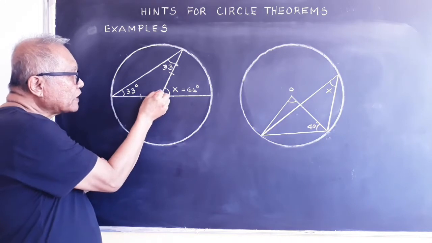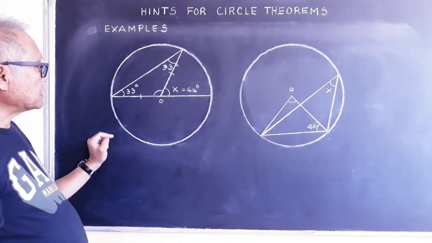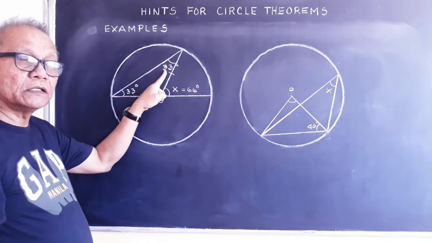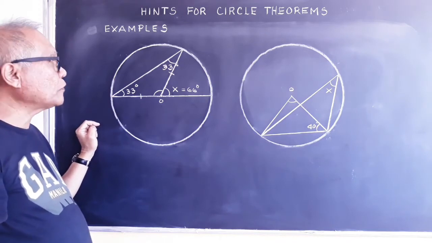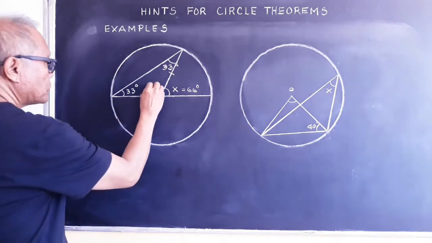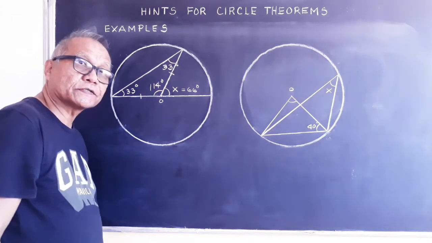How do you find the vertex? Because this one is the vertex. So the vertex is, we add 33 plus 33 equals 66 and subtract it from 180 degrees. So that this one is 114 degrees.